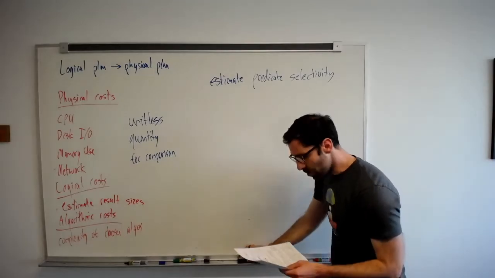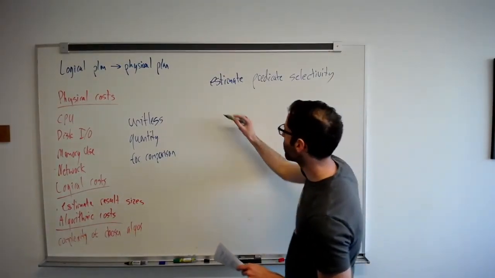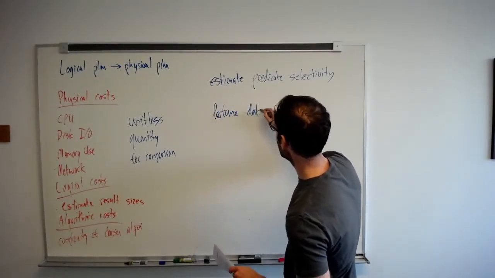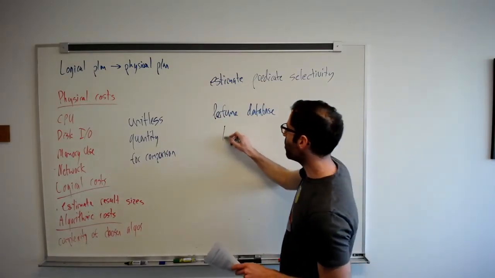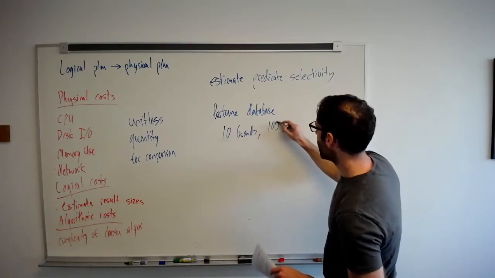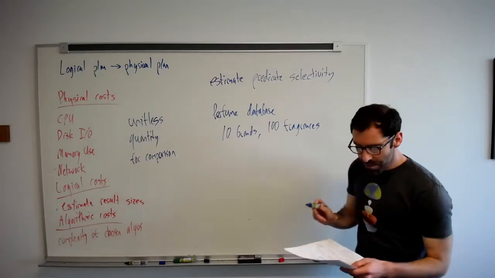So, for example, if we had a perfume database, as in a database of different types of perfume, we have 10 brands and 100 fragrances.